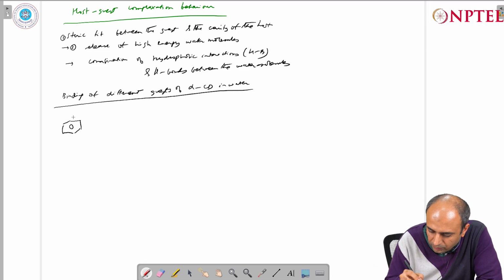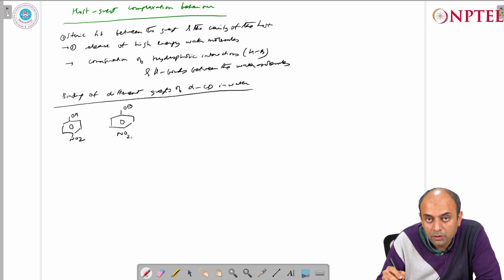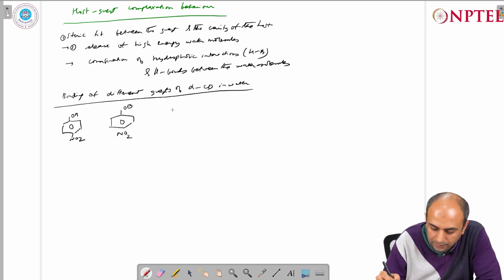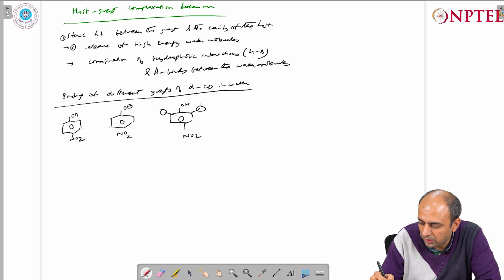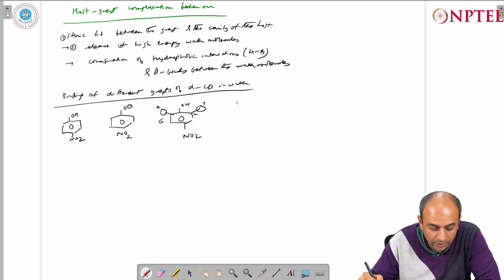For example, we have taken this nitrophenol, then the phenoxide ion, the nitrophenolate ion. This is the nitrophenolate. Then we take the hydroxyl compound, which now contains two substituted methyl groups, one here and one here, at the 2,6 position.